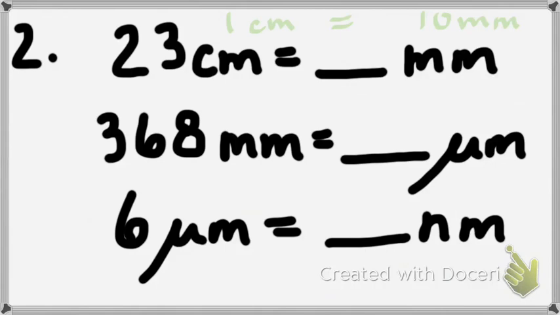So how many millimeters are there in 23 centimeters? 230. Good job, Alex. We okay on how Alex got the first one? Everybody's okay on that one?